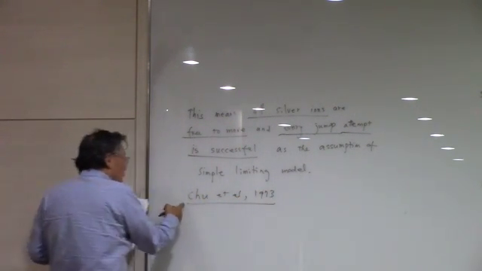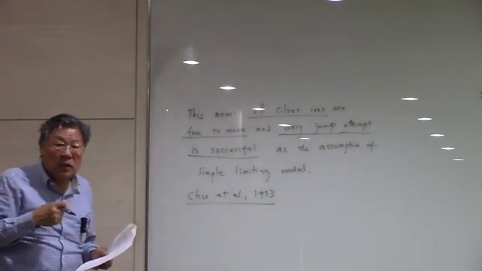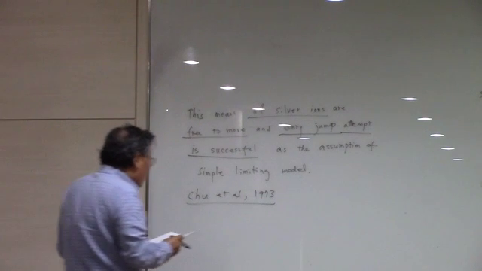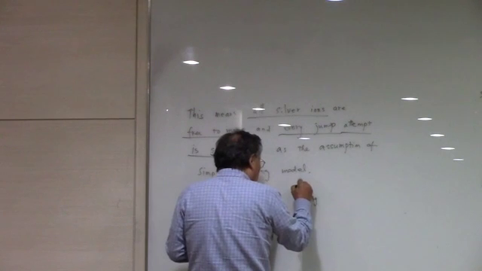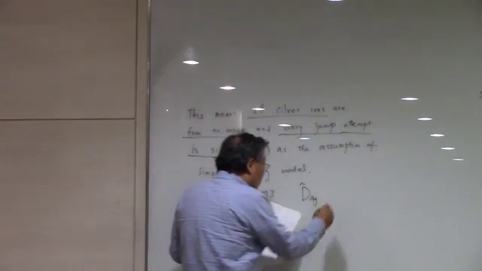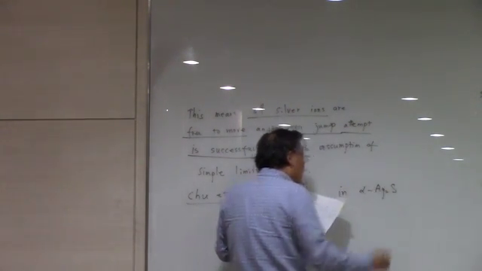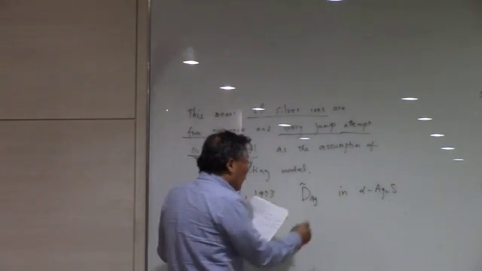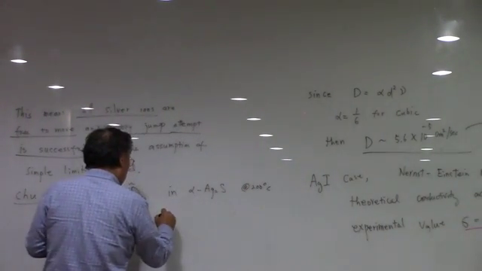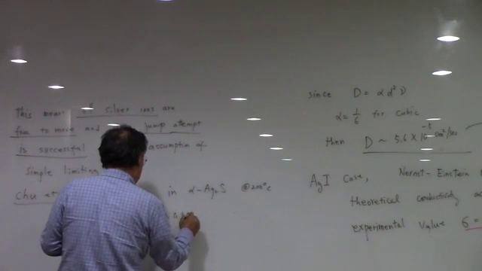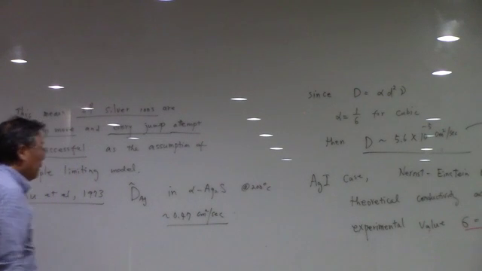Even higher conductivity has been observed by Chu et al. in 1973, and this guy was my senior in Stanford University in my lab. In 1973, the silver diffusion coefficient in alpha silver sulfate at 200 degrees centigrade is about 0.47 centimeters squared per second.